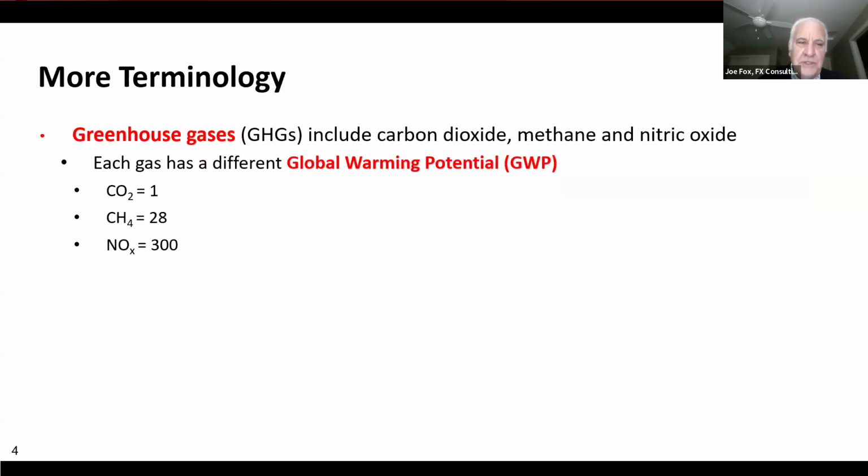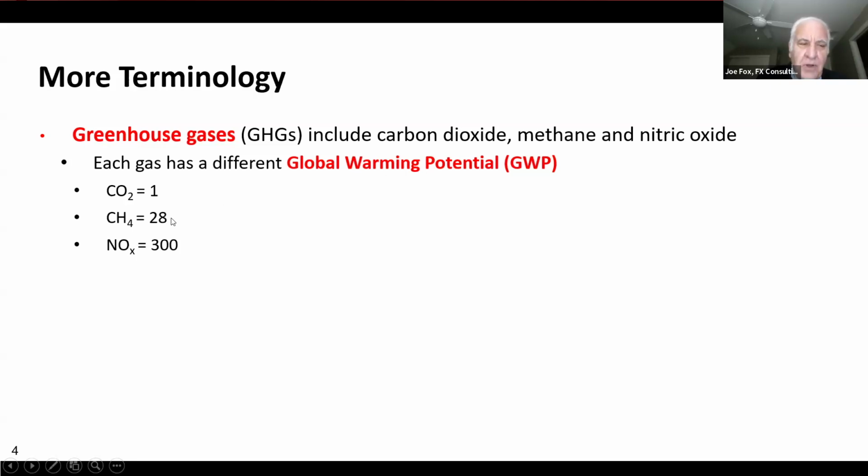Now, people want to do that because carbon dioxide is the most abundant greenhouse gas, but it is not the only greenhouse gas. Gases like methane and nitric oxide are also GHGs, and each of those gases has a different global warming potential.